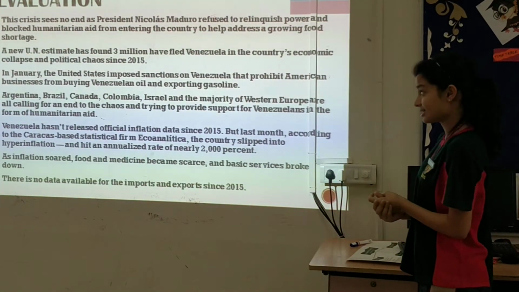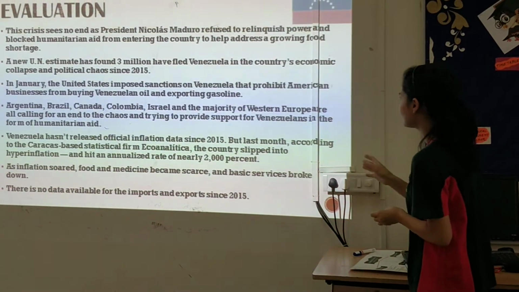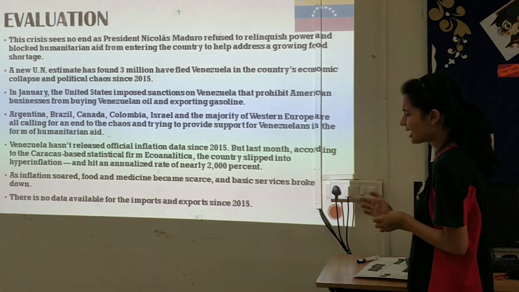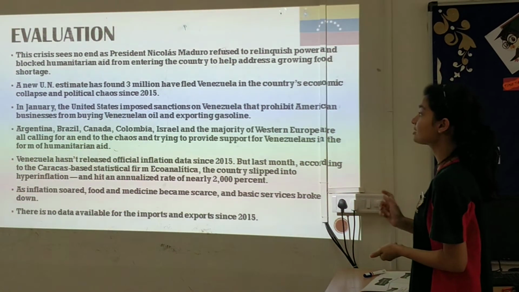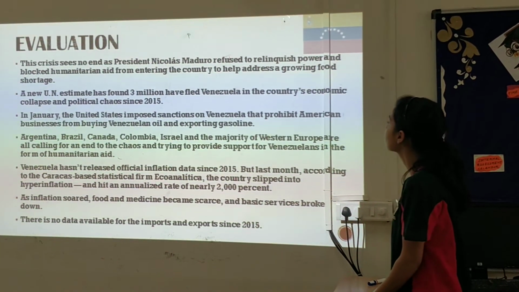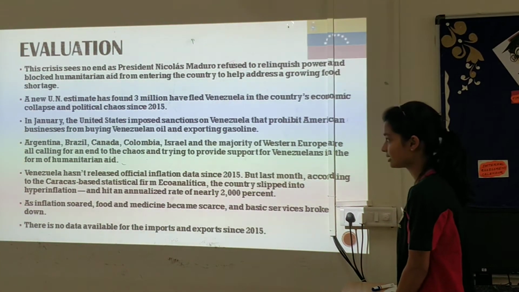A new UN estimate has found 3 million have fled Venezuela in the country's economic collapse and political chaos since 2015. In January, the United States imposed sanctions on Venezuela that prohibited American businesses from buying Venezuelan oil and exporting gasoline.